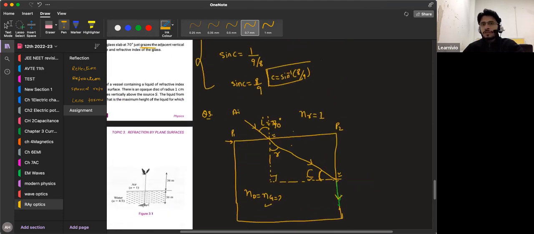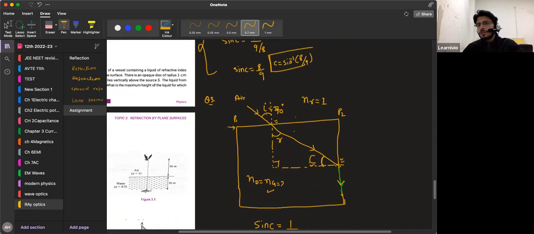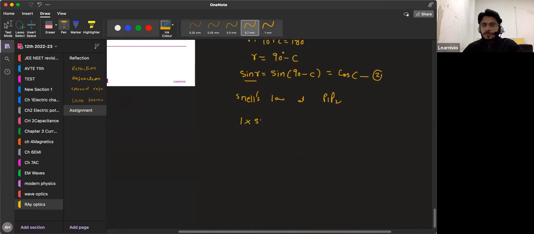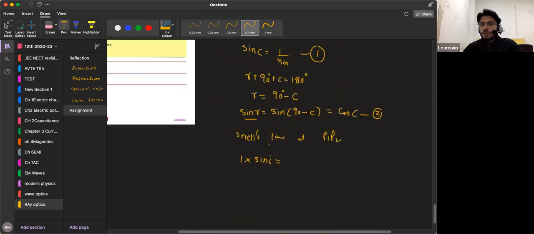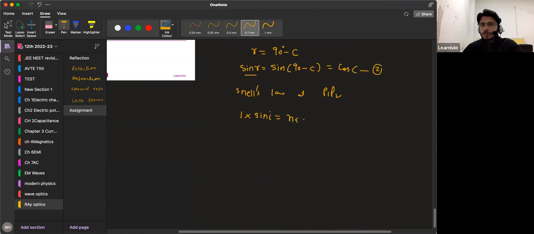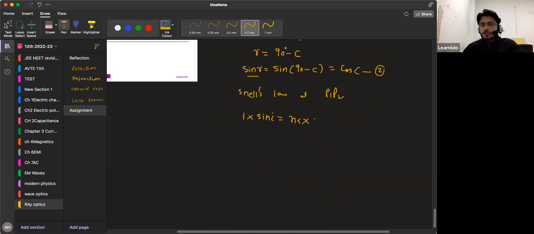Here this is air, the refractive index is 1. So this is 1 multiplied by the angle of incidence is I, 1 into sine I. In another medium, the refractive index is some Ng, glass, multiplied by sine of the angle of refraction R. This is equation number 3.